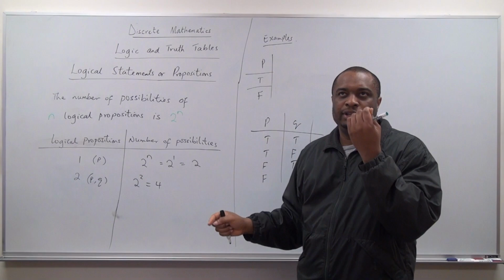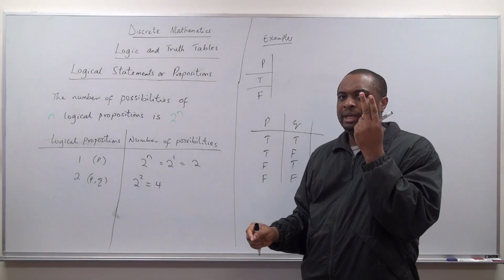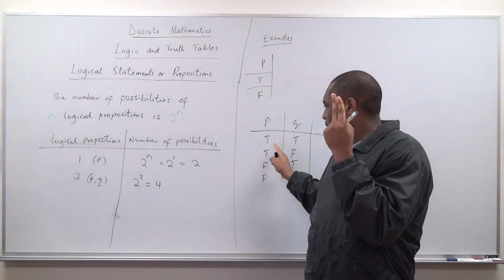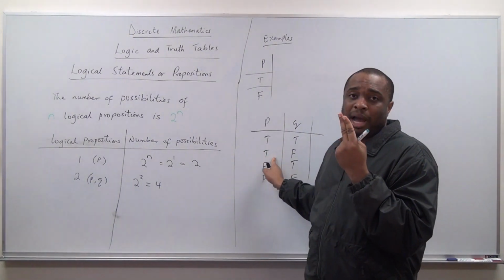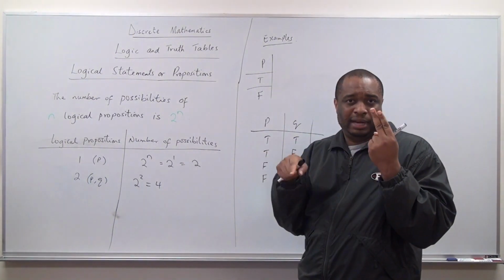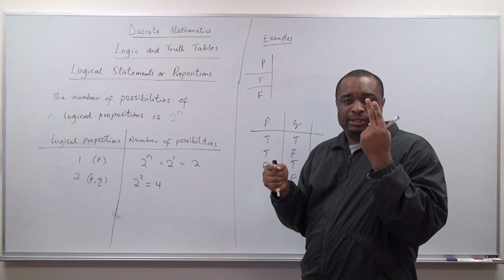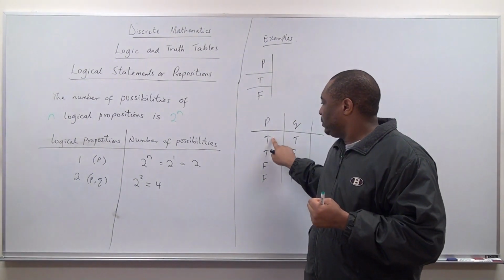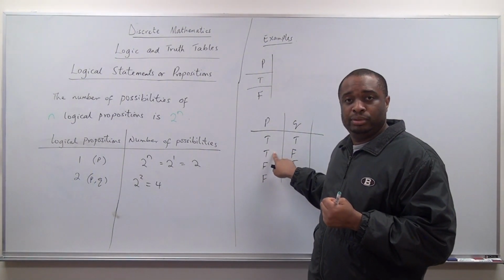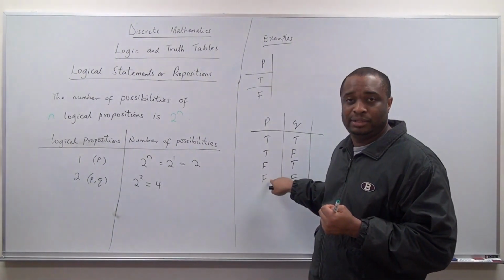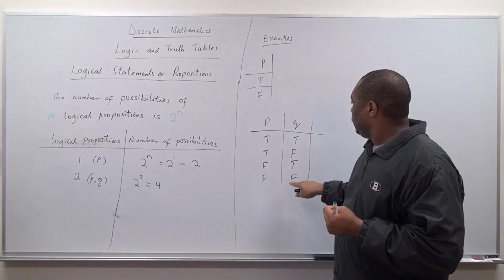So if you have this, consider P with four possibilities. When the first two are true, you divide 4 by 2, which gives you 2. The first 2 will be true, and the last 2 will be false.